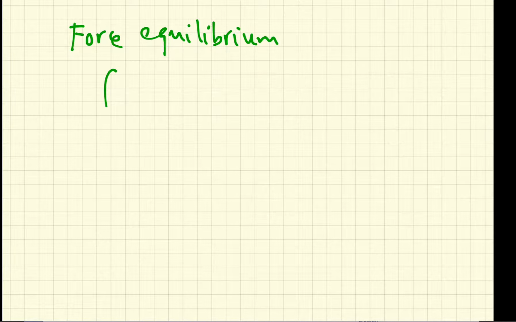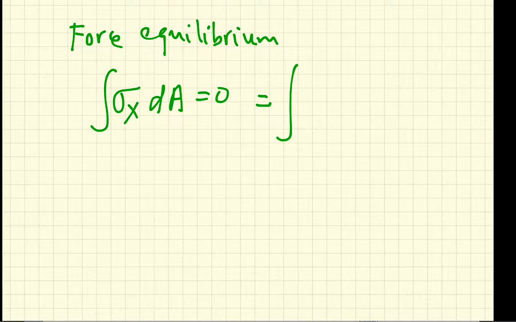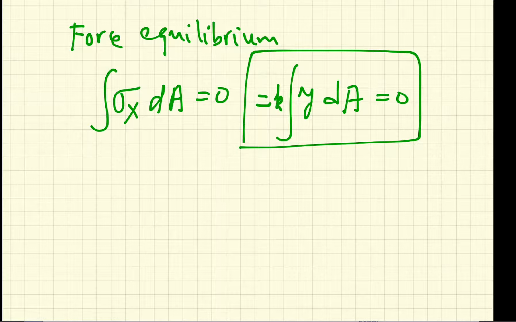Force equilibrium means that we must have the sum of the forces equal to 0, meaning the integral of sigma x dA is equal to 0. Substituting the assumed linear stress distribution, the integral of k y dA is equal to 0. And this is the condition that determines the centroid of the area.